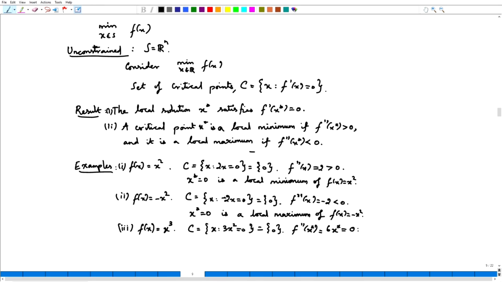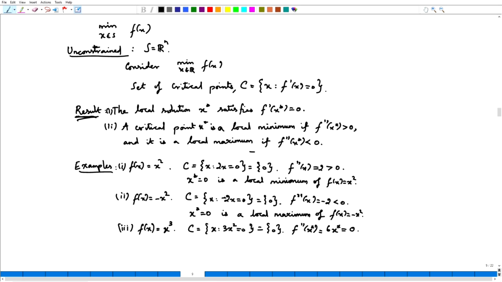If it is equal to 0, then from this result 2 that we have written above, we cannot conclude whether it is a local minimum or a local maximum. Okay. So, in this case it turns out to be neither a local minimum nor a local maximum.